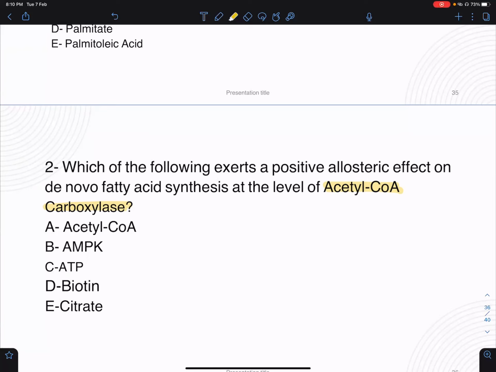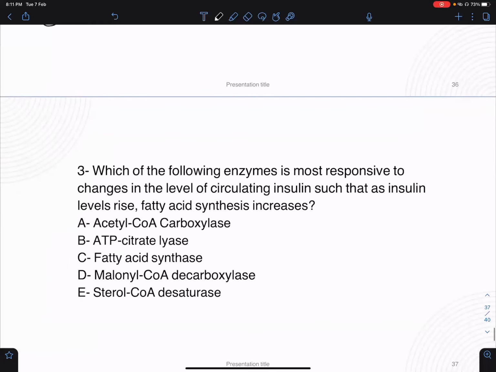Yes, it's citrate. Even though ATP and acetyl-CoA are requirements, they're not exactly activators. They don't activate like insulin or citrate, or most importantly, citrate. So good job.